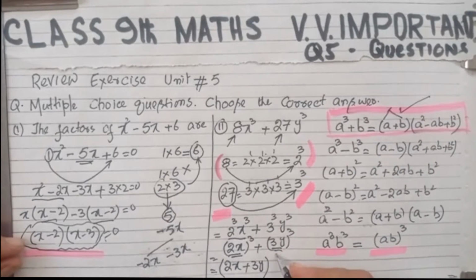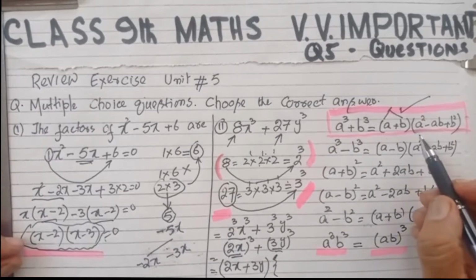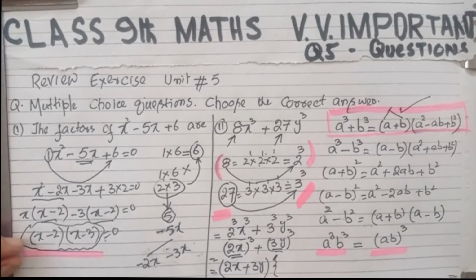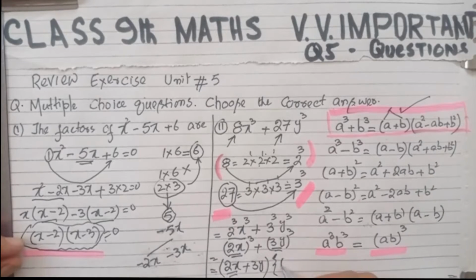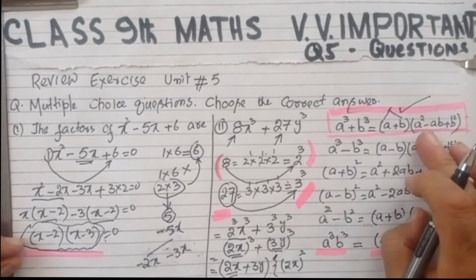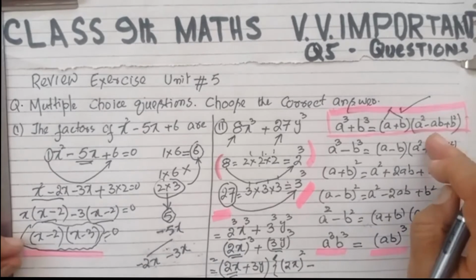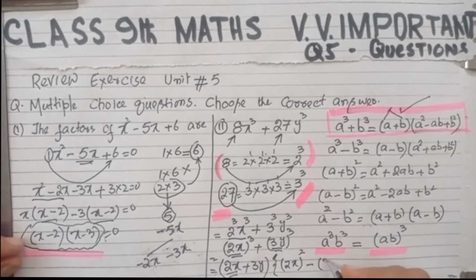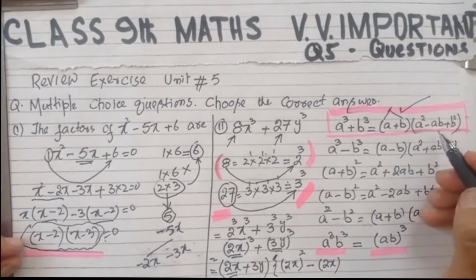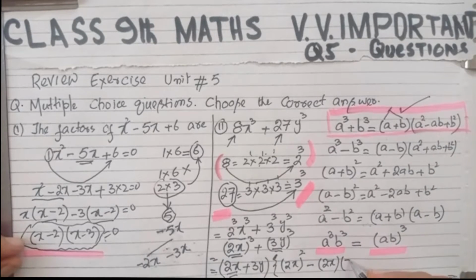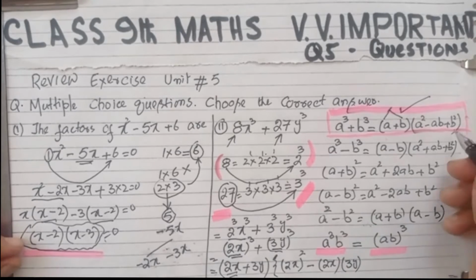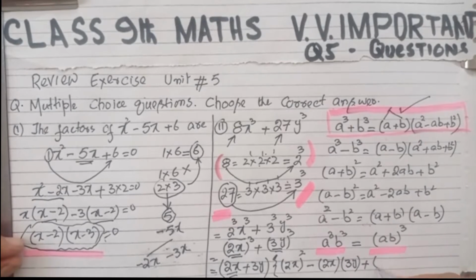Going further, over here a square, where a is 2x, so that is (2x) square, minus a times b, that is 2x times 3y, plus b square, that is (3y) square.